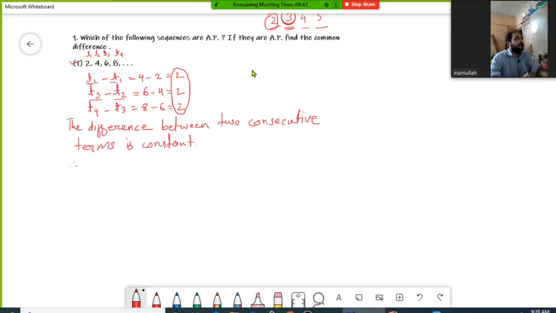Therefore, the given sequence, I am talking about this, is an arithmetic progression. So this is the way to write your answer.